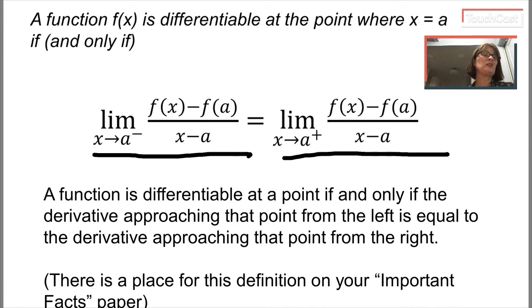We know derivative means slope, so this means the slope from the left has to equal the slope from the right. There's a place for this on your important facts paper and on your notes paper. This one you have to know by heart. I'm going to expect you on your next test and on the AP test to use it to justify formally whether a function is or is not differentiable at a specific x value.